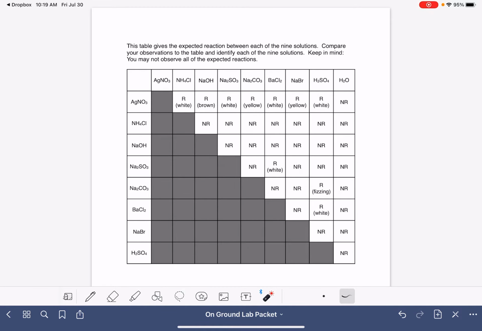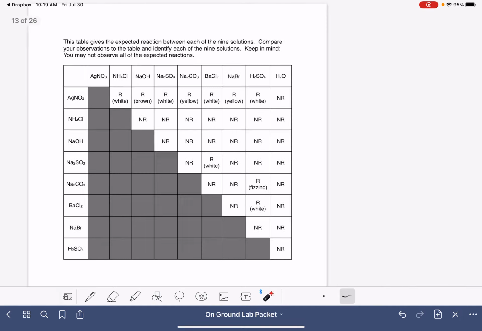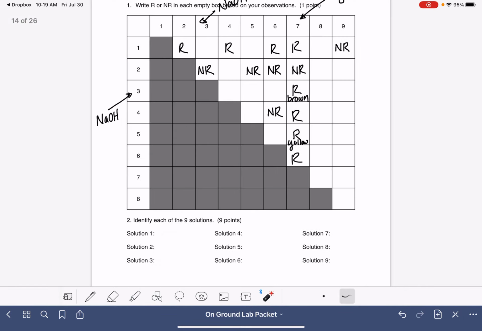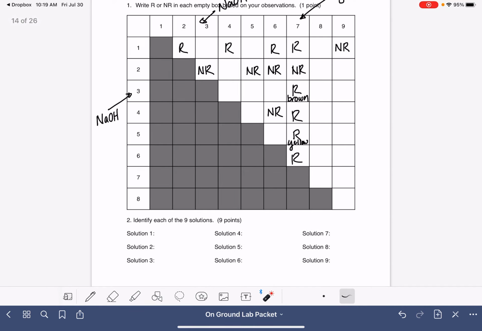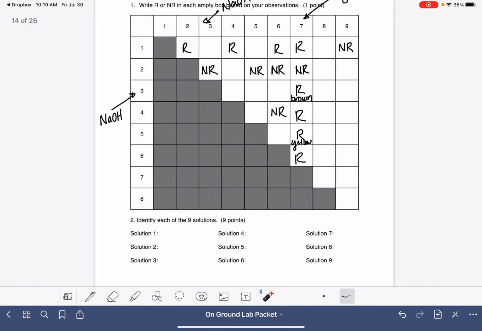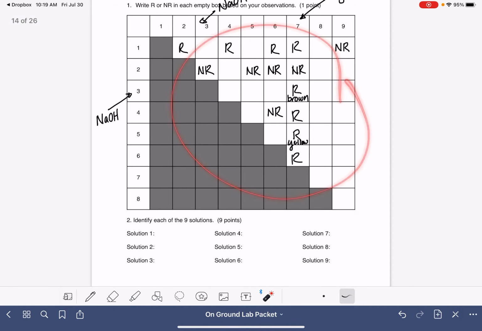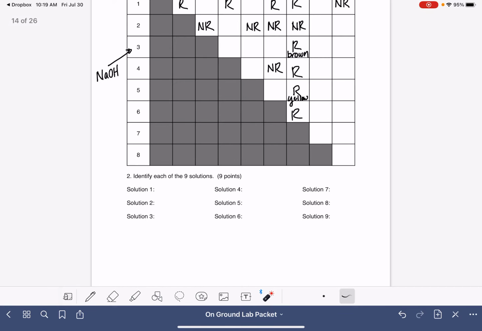Now, one thing that's possibly a little bit tricky is that this is a real lab and real chemistry, and things don't always work the way that you expect. It is possible that you have an observation over here that doesn't align with your reference, or you might be missing something. There might be something on this reference sheet that you feel like you should have seen and you didn't, and that might make it tricky for you to identify. There is a possibility that you may not actually be able to specifically identify all 9 of those solutions.